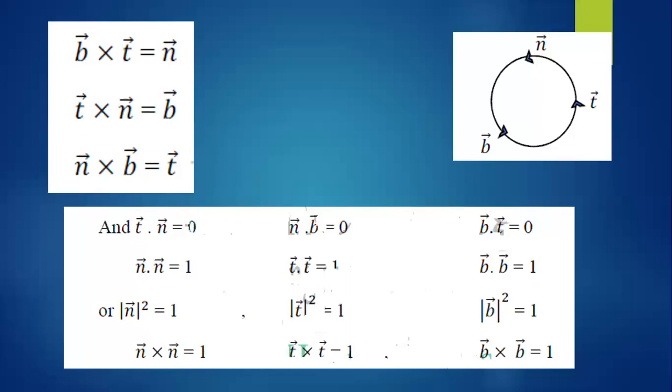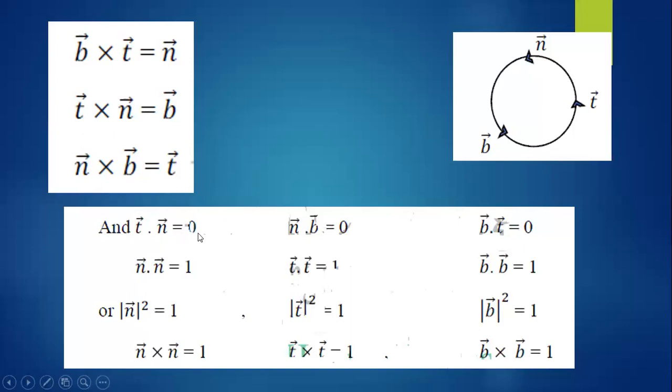As you know, if we use anticyclic order, then there will be the negative sign. N cross t will be minus b, b cross n will be minus t, and t cross b will be minus n.